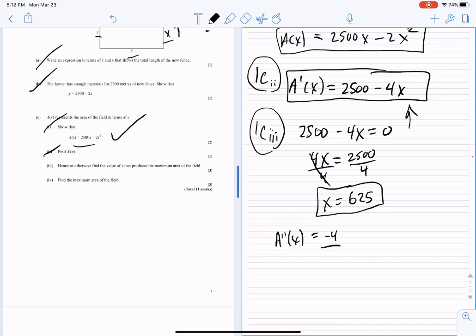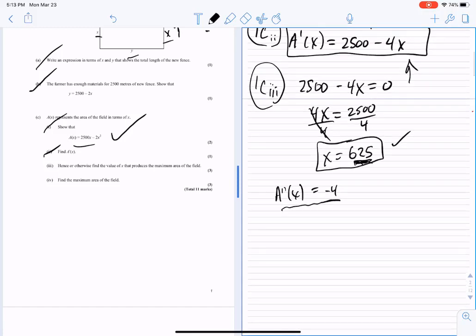Since the second derivative is always negative, there's no value of x that'll make it positive, we know that this has to be a maximum because the entire graph for the original function is concave down. It's a value that gives you the maximum anyway. There's just no other way to it. So I'm just showing you that second derivative test right there. So we know this is going to give me the maximum.